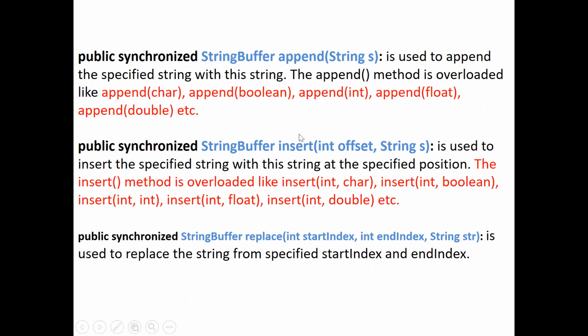The benefit is that it provides thread safety, and the drawback is a lot of performance issues. Let's say some writes and some reads are happening. If you make that synchronized, only one thread can read at a time and all others will be waiting.